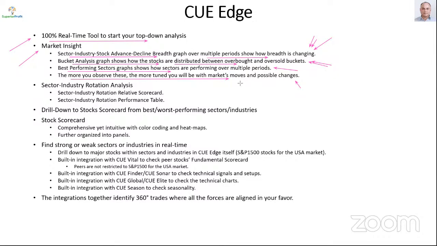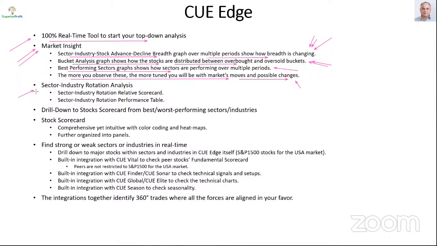You will avoid buying when the market is already overbought and avoid shorting when the market is oversold. Instead, you will look for reversal trades at those corners. That is the market level insight that Q Edge provides.